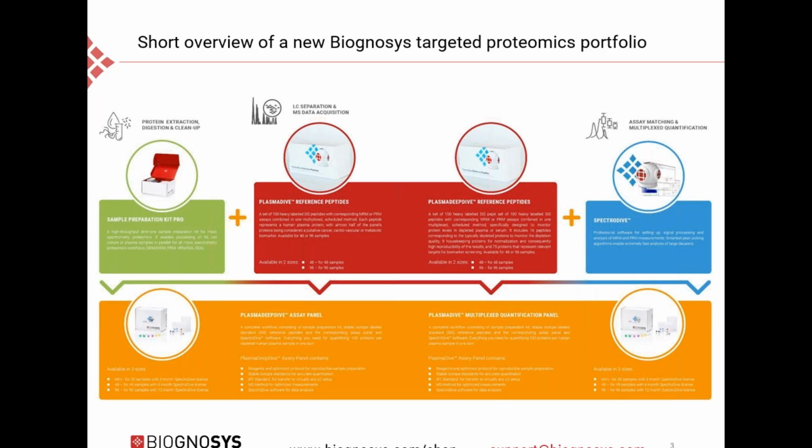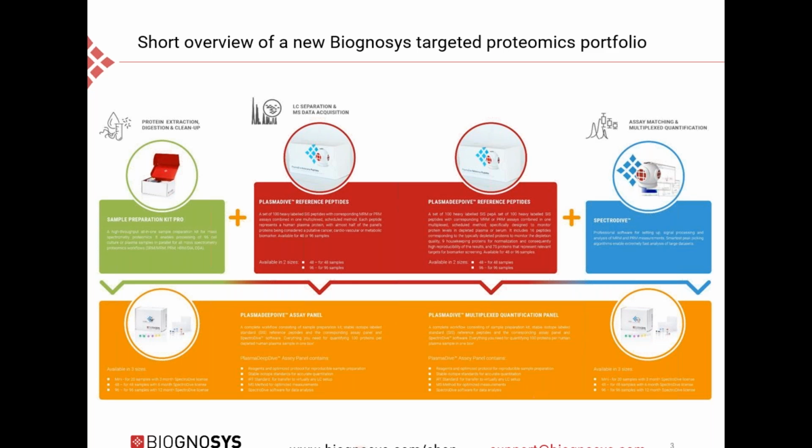Two weeks ago, Biognosys relaunched its targeted proteomics portfolio for the analysis of plasma proteins. Basically, we have made the two multiplexed assay panels, PlasmaDive and Plasma Deep Dive, modular, so that researchers and users can order all individual parts of the kits separately.